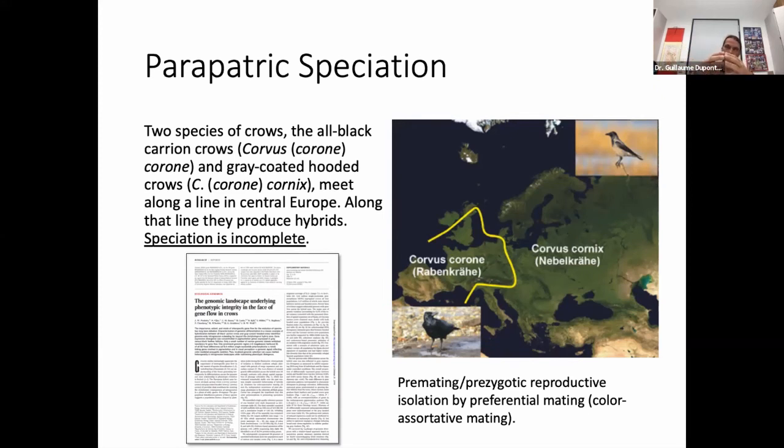If a hybrid has been produced, it essentially looks ugly to them. Hybrids are not selected as potential mates. So this is what we call reinforcement. So these two populations reinforce themselves by just preferential mating. So the color here is the signal for a bird to choose the mate.